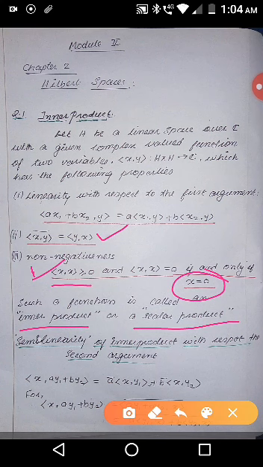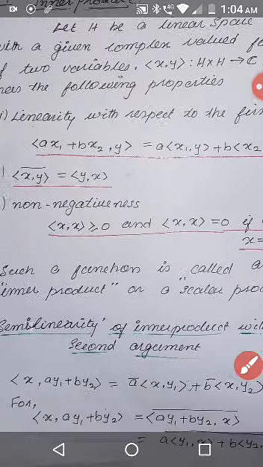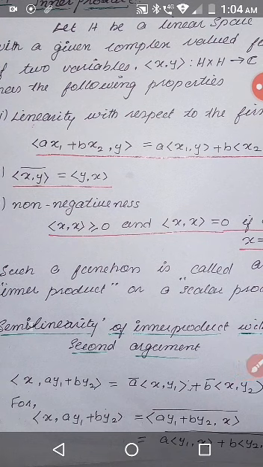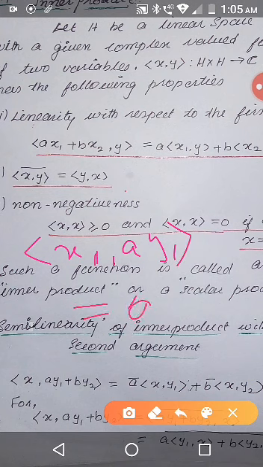Now see semi-linearity of inner product with respect to the second argument, which means inner product of x comma a y1 plus b y2 is equal to a conjugate into inner product of x comma y1 plus b conjugate into inner product of x comma y2, which simply means inner product of x1 comma a y1 can be written as a conjugate into inner product of x1 comma y1.